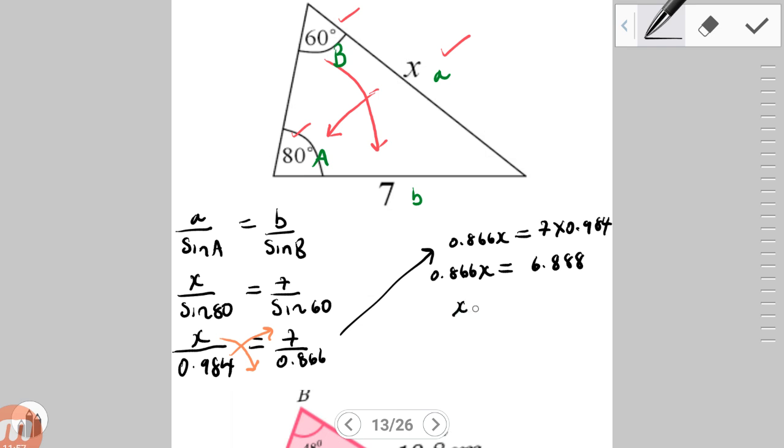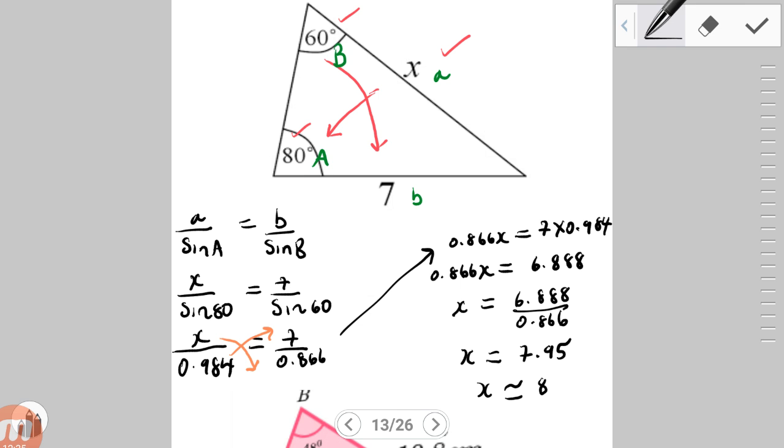So now simply dividing both sides by 0.866, we end up with 6.888 divided by 0.866. So we'll end up with an answer that the length here is equal to 7.95 rounded off, or x is approximately equal to 8 units. In this case, there is no unit of measurement, so we just say simply 8.